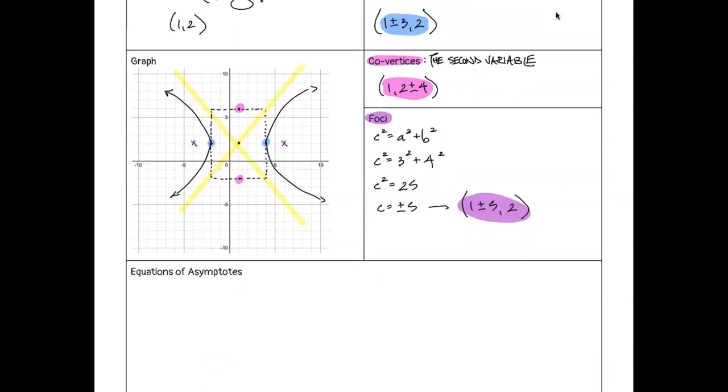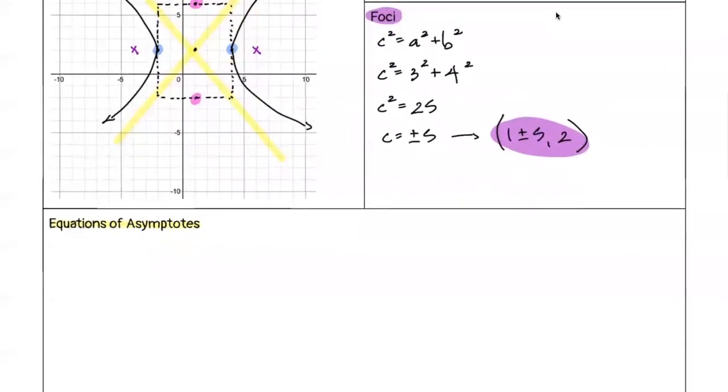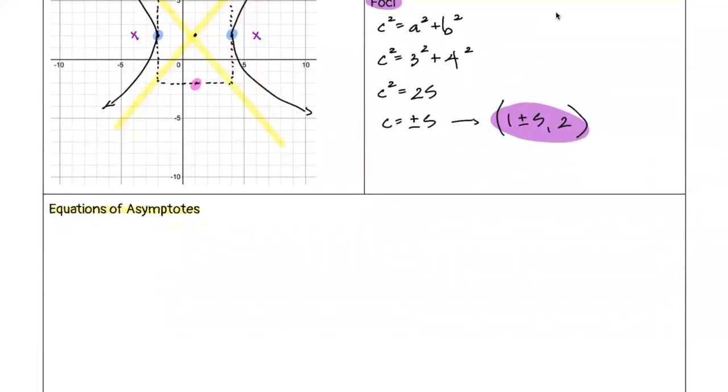The last thing that we need to find is going to be an equation for these lines, okay? Now, one equation that I want us to remember is when we think about equations for lines, we often think y equals mx plus b, right?